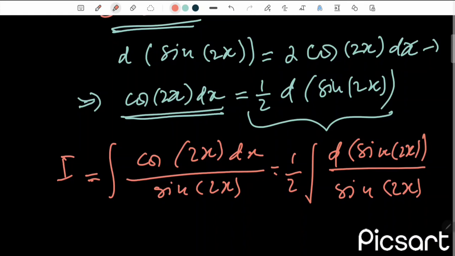Then from here, we can apply the following rule.